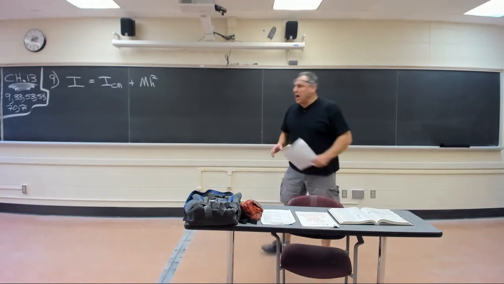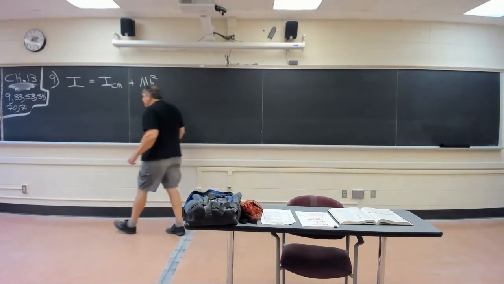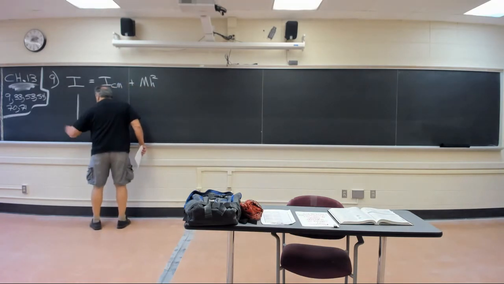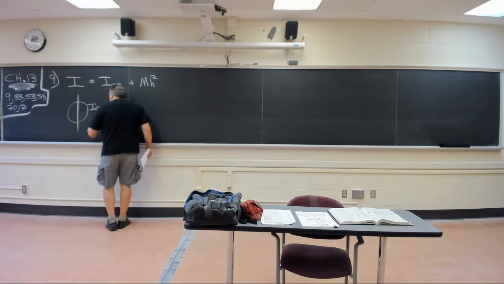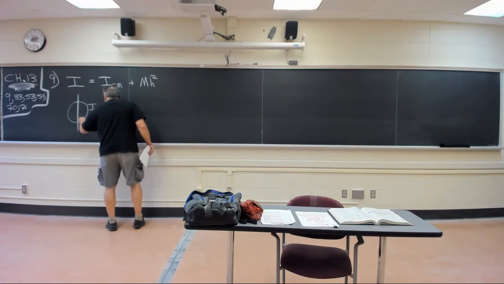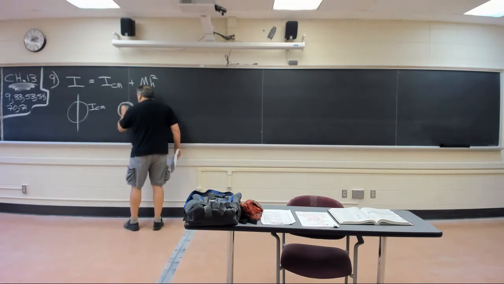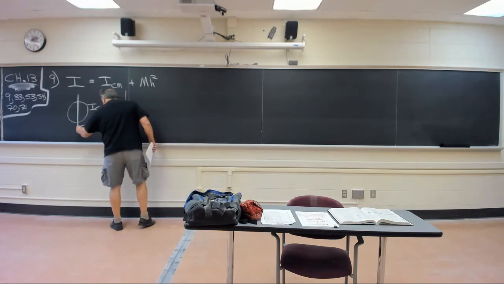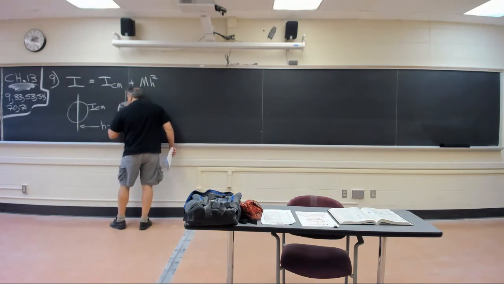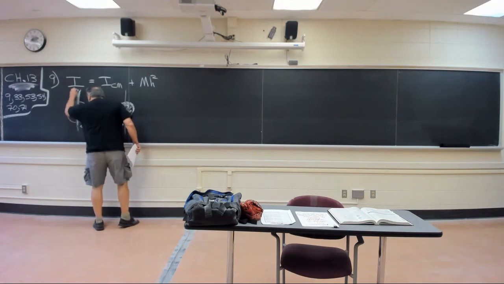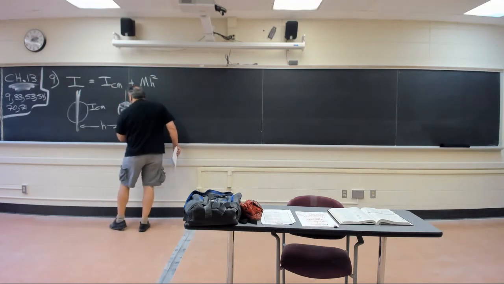If you're talking about something right here, the moment of inertia about its center of mass is ICM. If you take the object and move it over here, where it's h units away, you're still going to rotate it about here. You're not going to rotate it about here.